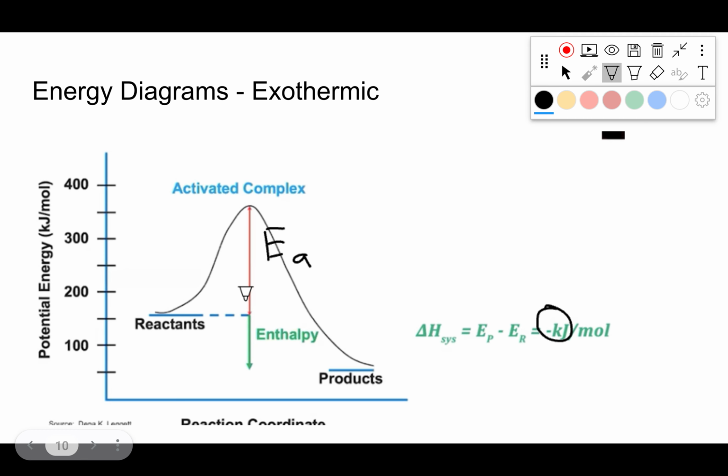How much energy does it take for this reaction to start? This one's going to be more than my previous one. We'll say this is 150. We'll just say that's 350 for E, so it's about 200 kilojoules per mole there. And then when you do this, we'll say this one is 50. I said this one was 150, so it'd be about a negative 100. Again, that's going to be an exothermic reaction.